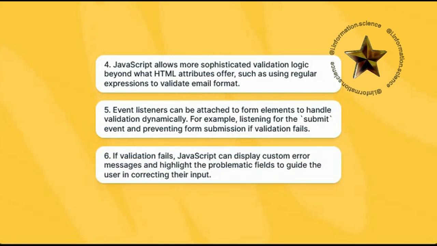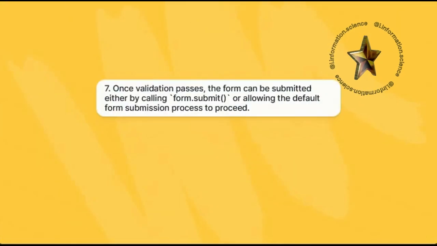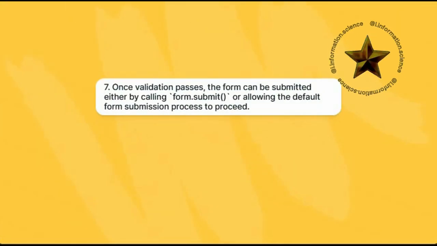If validation fails, JavaScript can display custom error messages and highlight the problematic fields to guide the user in correcting their input. 7. Once validation passes, the form can be submitted either by calling form.submit or allowing the default form submission process to proceed. 8.